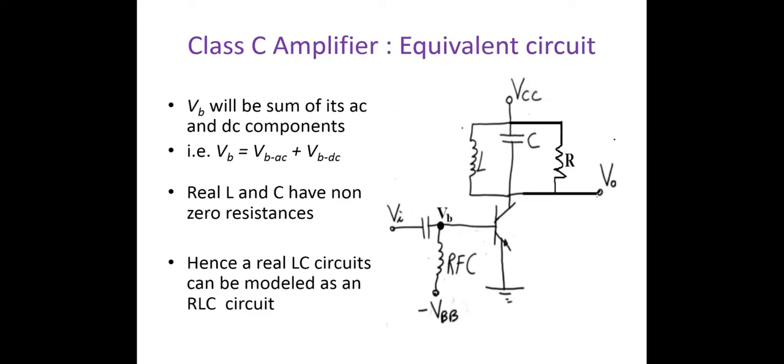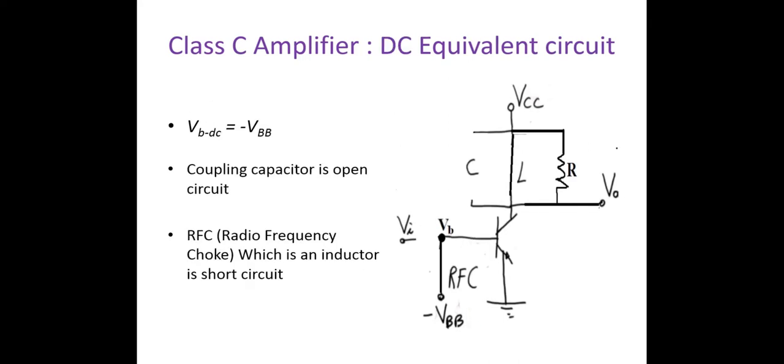What we can do, we can split the VB into its AC and DC components and then separately obtain the expressions for VB AC and VB DC, and then VB will be the sum of VB AC and VB DC.